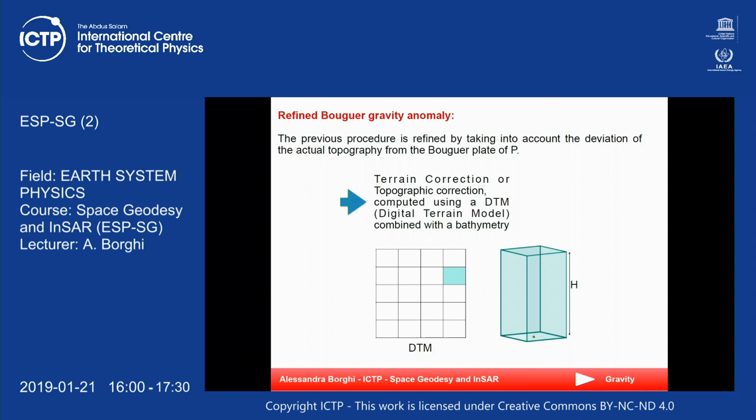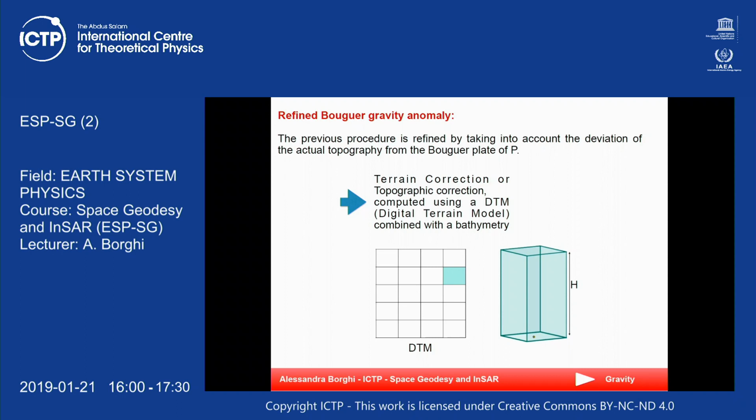And of course, we have to take into account where we are: with a positive height, it means outside the sea level, or when we have a zone with water, we have to use a different density, because the density of the crust, as we have seen, depends on the zone.